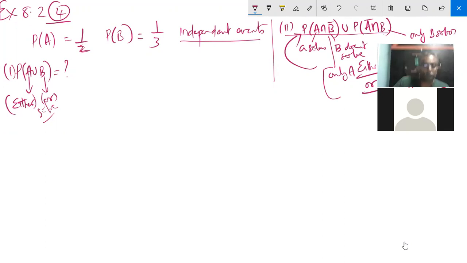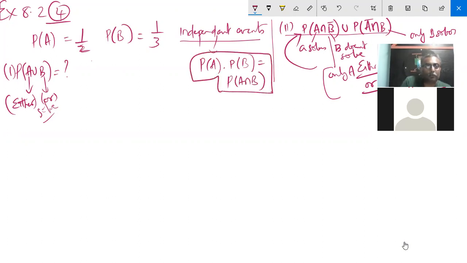Now, what you have to do? You have to find P of A union B. We have only independent events here, so we can only do P of A into P of B is equal to P of A intersection B. So only the intersection formula you can apply here. So how do you use A union B?